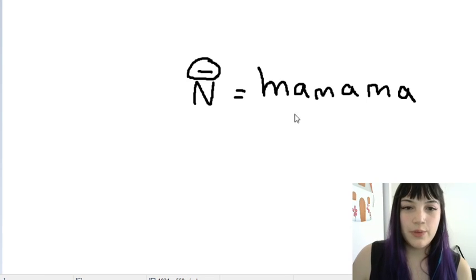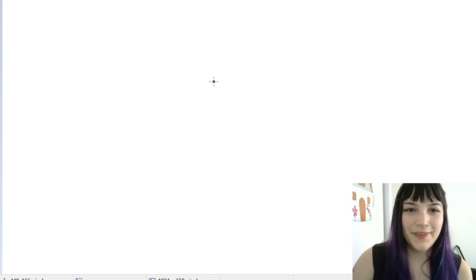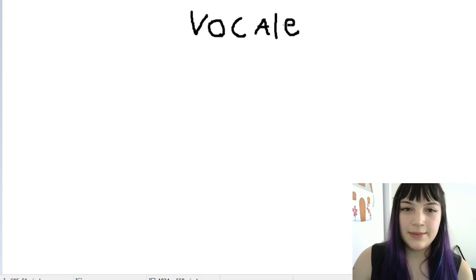Now we're going to see the vowels, vocales. Vocales in Spanish. Vocales means vowels.